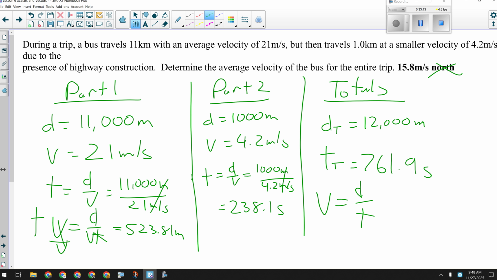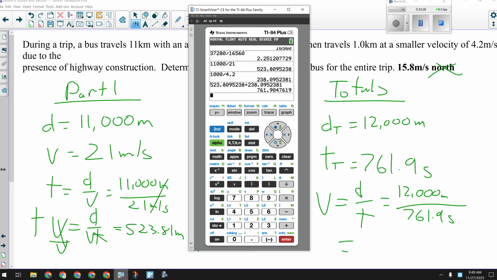Speed is total distance divided by total time. 12,000 meters divided by 761.9 seconds. Okay, so now I can round, okay, 15.8 meters per second.